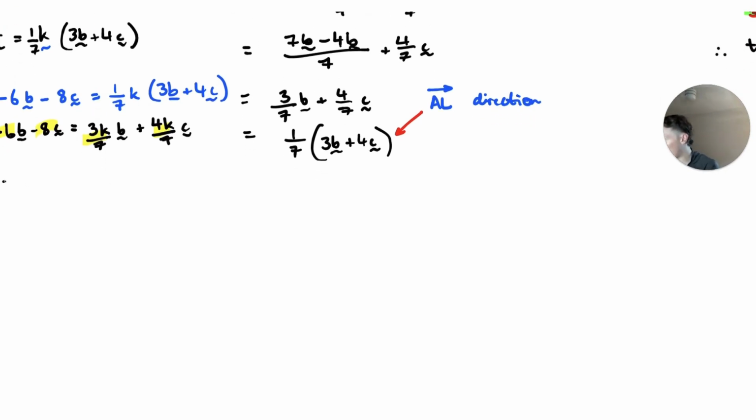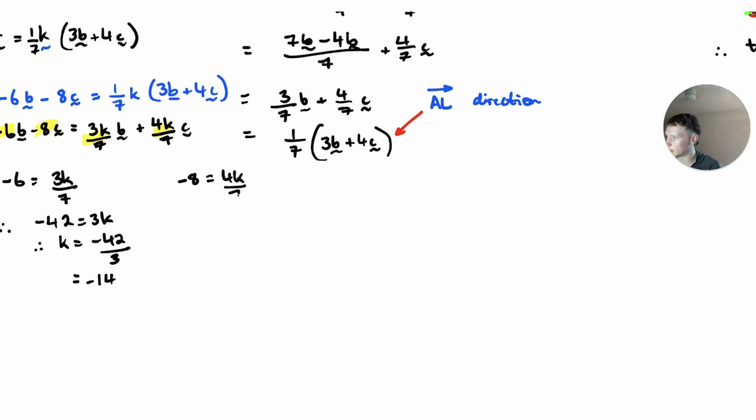So equation 1, -6 has to equal 3k on 7. Therefore, -42 equals 3k. Therefore, k equals -42 on 3. And that should have a common factor of 14. So -14 in the first instance. In the second instance, we've got -8 equals 4k on 7.